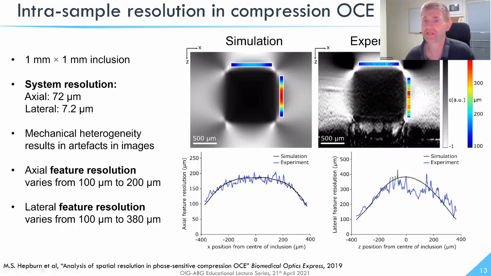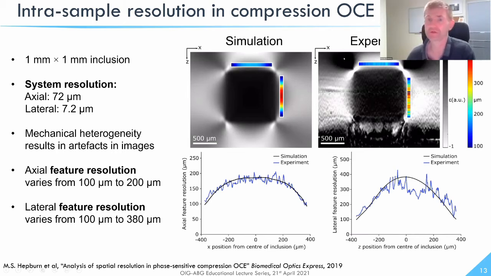Also, we see that we've got these large regions of quite low strain in the corners. What's happening there is that as the silicone above the inclusion deforms, the deformation is mainly in the lateral direction, which we're not sensitive to in the simplest phase-sensitive technique.